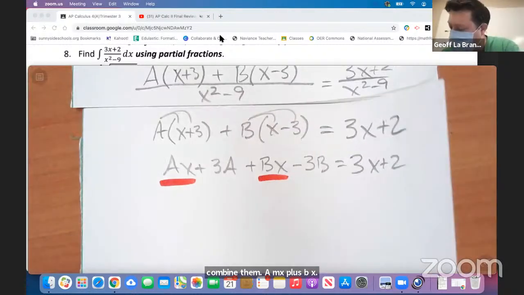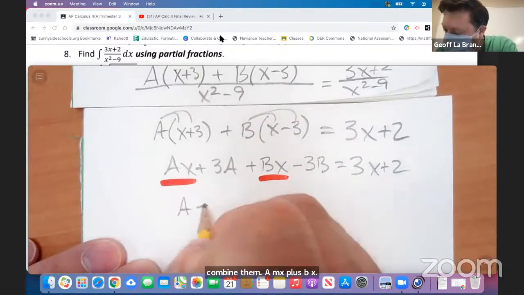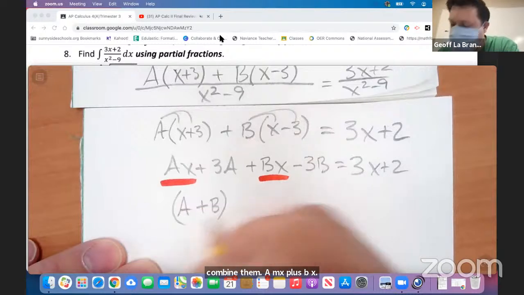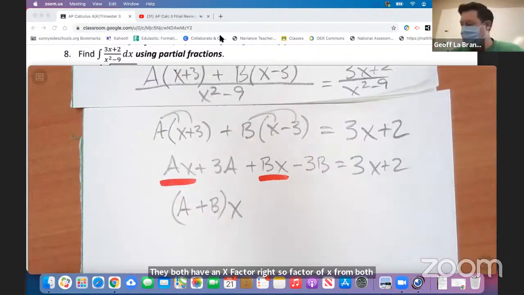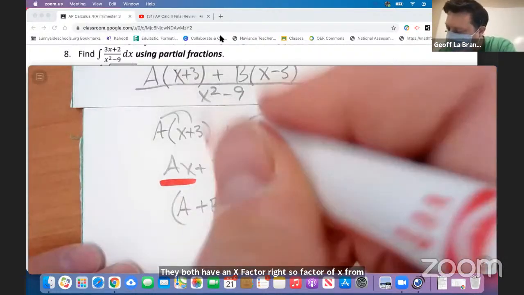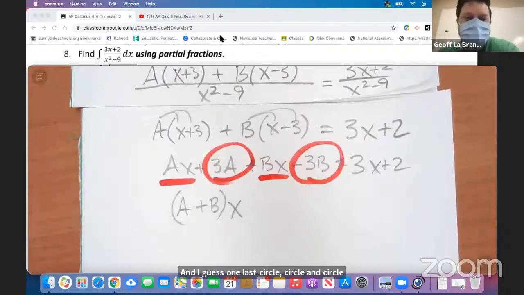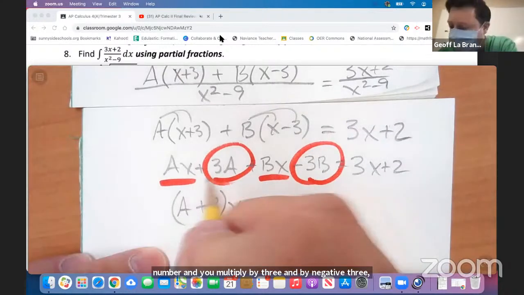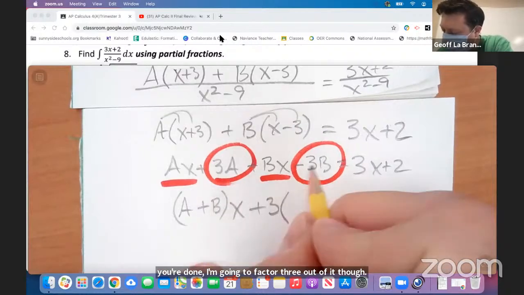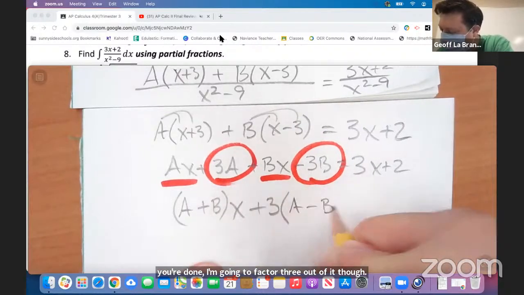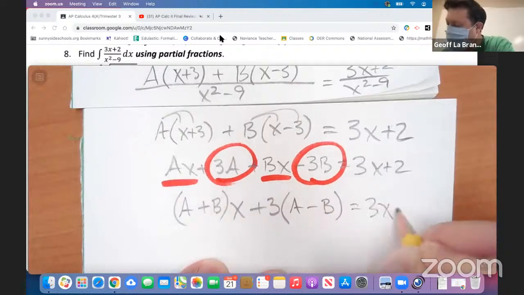Those two together on this side of the equation can further be factored to be A plus B. They both have an x factor, right? So factor out x from both of them. A plus B is what's left. And I'll circle the other terms. Those are just numbers. They don't have an x factor, so they're just constants. A is a number, B is a number. When you multiply by 3 and by negative 3, you get a number answer when you're done. I'm going to factor 3 out of it, though. Plus 3 times A minus B equals 3x plus 2. You know what?